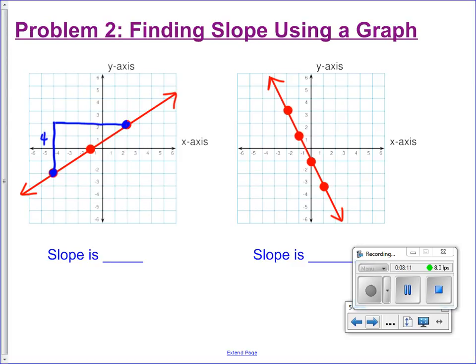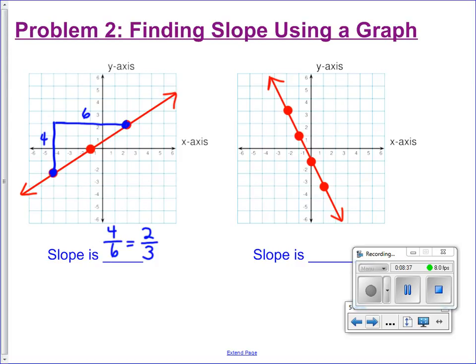From here over to here, 1, 2, 3, 4, 5, 6 places. So my rise to run is 4 to 6, or we would always reduce a fraction that is not in lowest terms. Dividing numerator and denominator by 2, we would get 2 over 3. So my slope is 2/3.